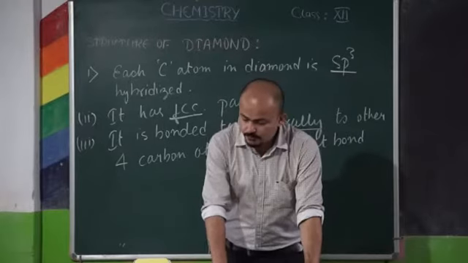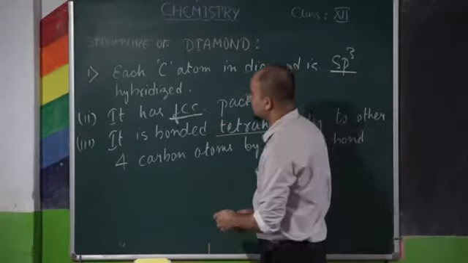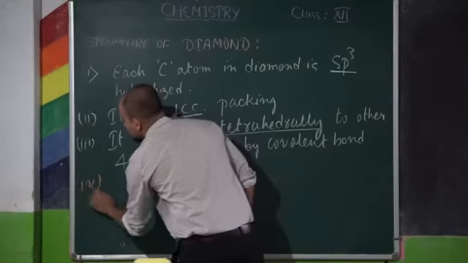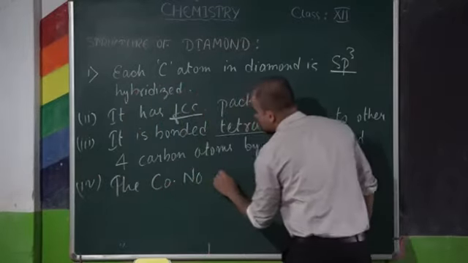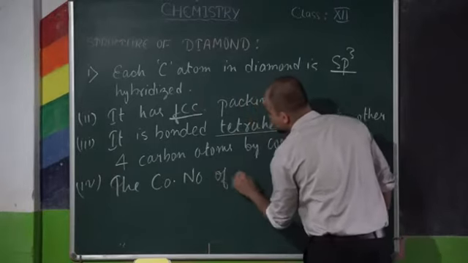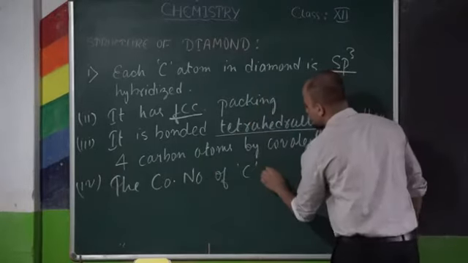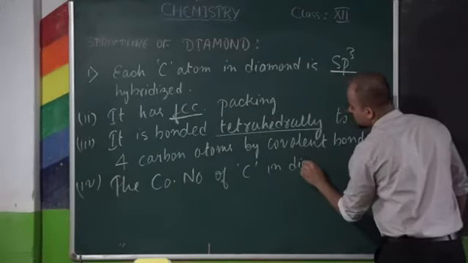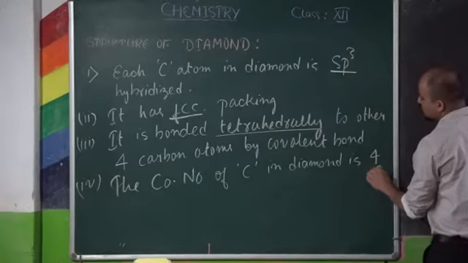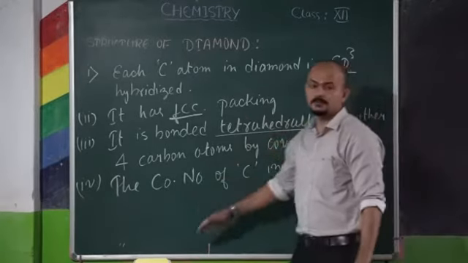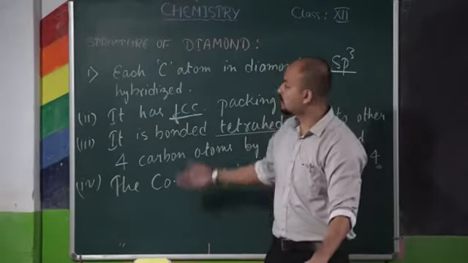And one more point that you have to remember is the coordination number. The coordination number of carbon in diamond is 4. So these are the points that you have to remember. Okay, you will be asked questions based on these points.